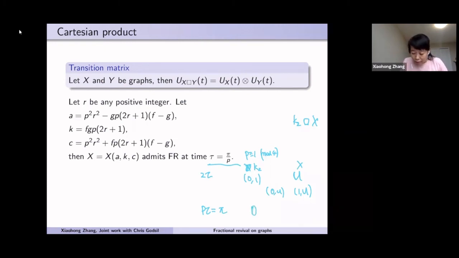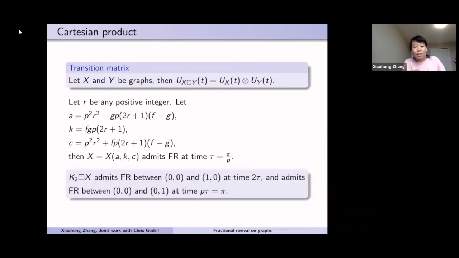For graph X, that's all the integer multiples of tau, so there will be FR again between the two vertices U and V. In the tensor product of the two transition matrices, we know there's FR between 0U and 0V. Notice that the vertex 0U is involved in this FR pair and in this FR pair. So we did finish the construction.